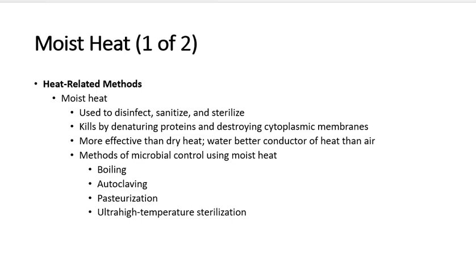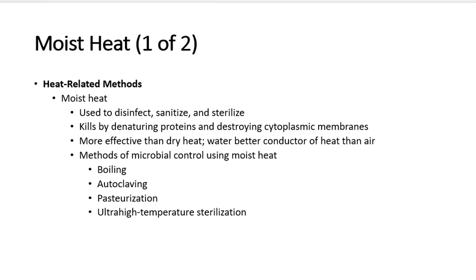You will actually put in a little control that tells you this is sterile now, because we use a strip that's impregnated with organisms that withstand high heat. If they die, then we know the autoclaving has worked. We can also use pasteurization.